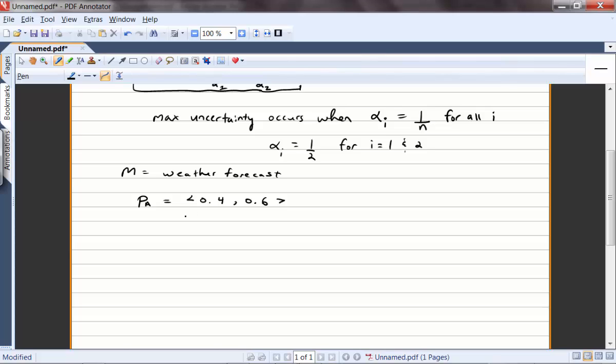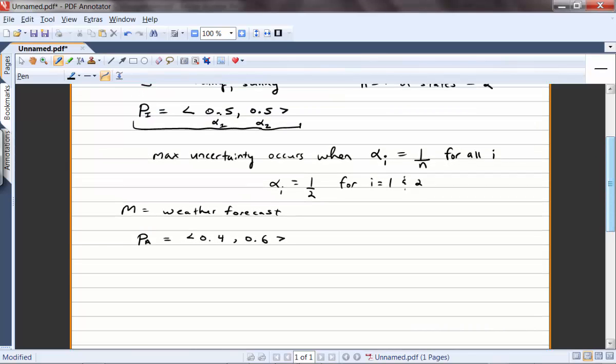All right, so what we want at the end is to calculate the information content of the weather forecast. If the forecast changed their probabilities on the states from this to this, what was the information contained in the forecast? First of all, was there information contained?